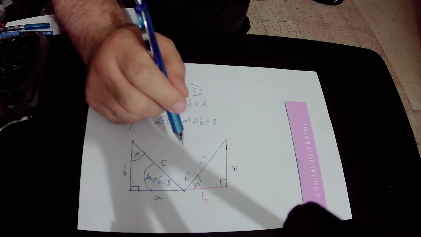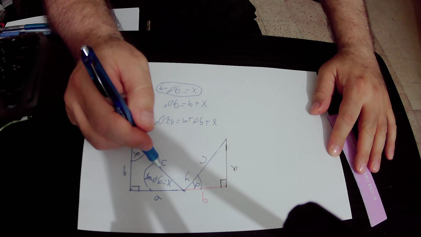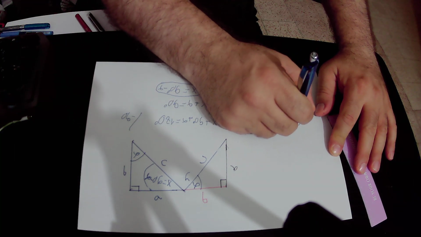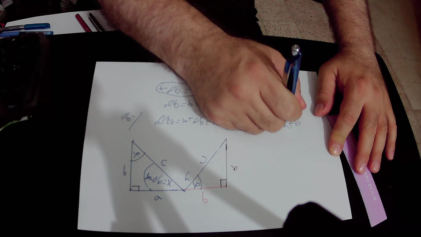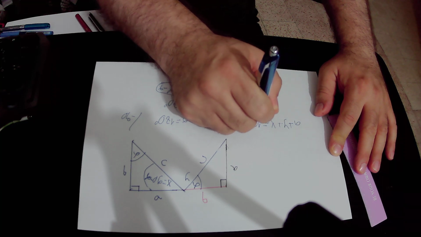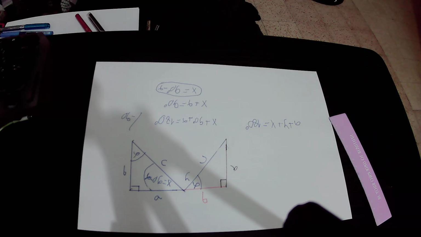So we can say that alpha plus y plus x equals 180 degrees. It is correct for every straight line. The sum of the angles on it must be 180 degrees.